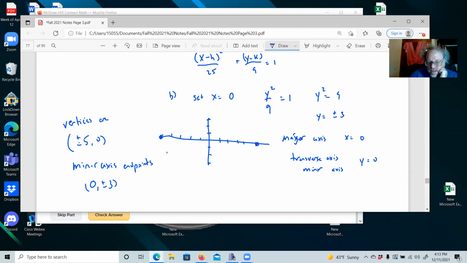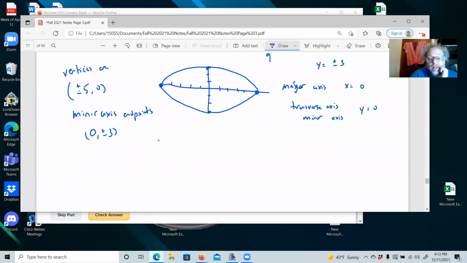Okay, so that's what we're going to have there. So we go ahead and try to make a drawing that looks like an ellipse here. Call that close enough.